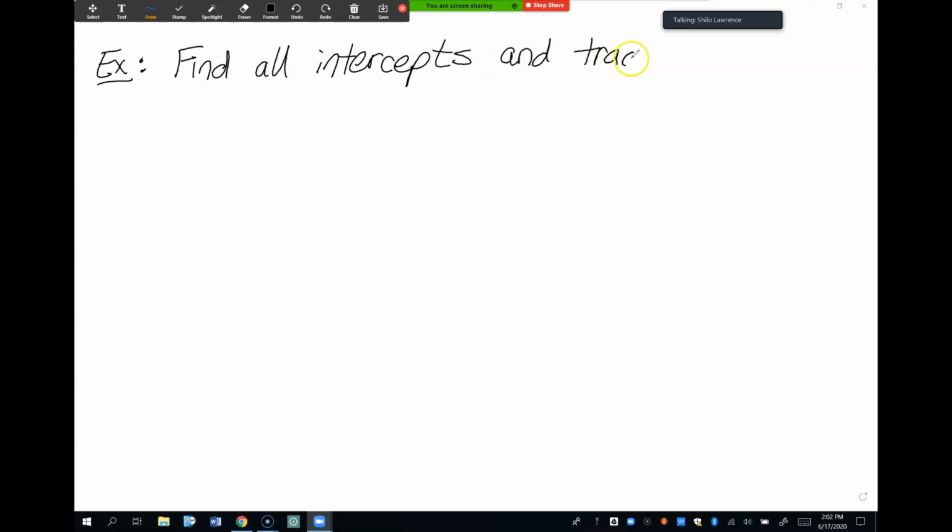So we're going to find all of the intercepts and the traces, and then we're going to try to identify the following surface.